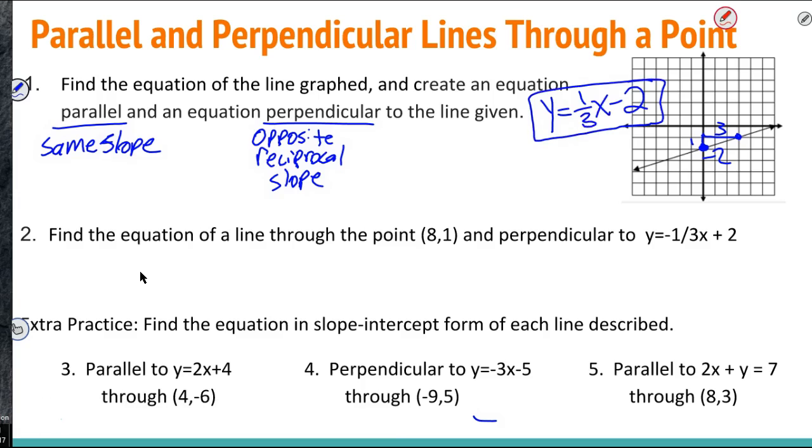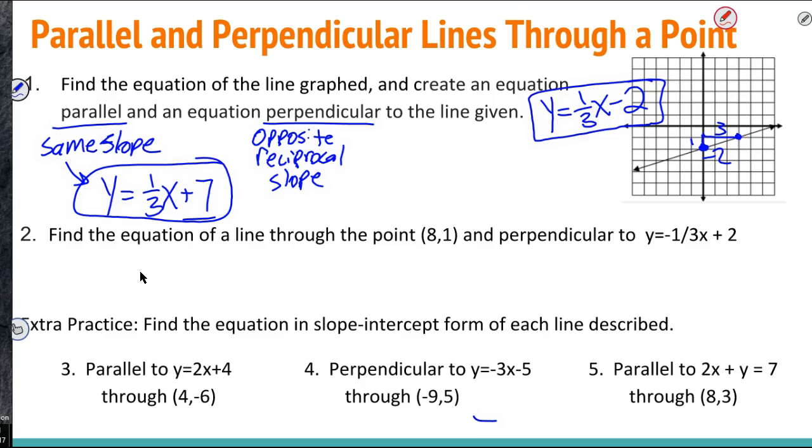That is the equation graphed. Parallel to that would be any equation with a 1/3 x. So y equals 1/3 x plus 7. So the y-intercept could be anything there as long as your slope is 1/3. That's all that matters. Multiple correct answers for that.